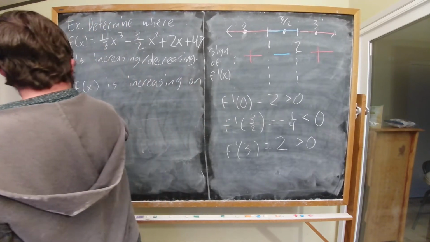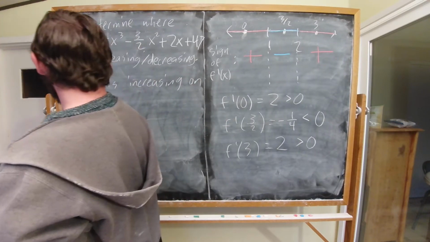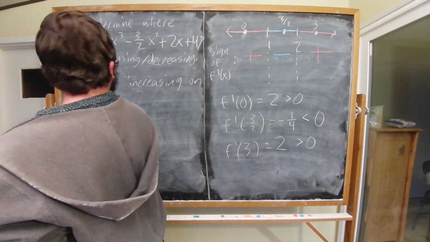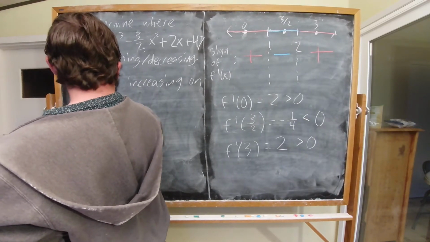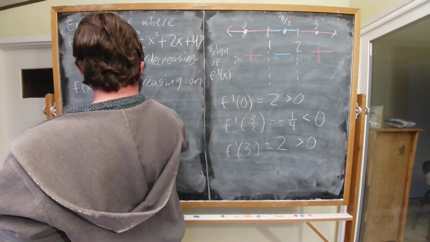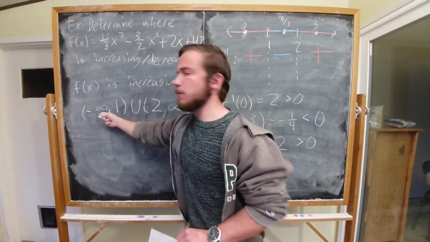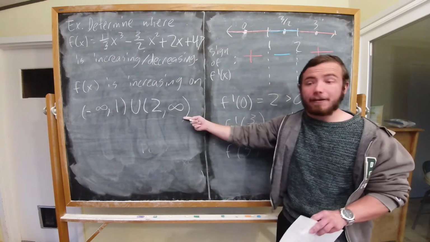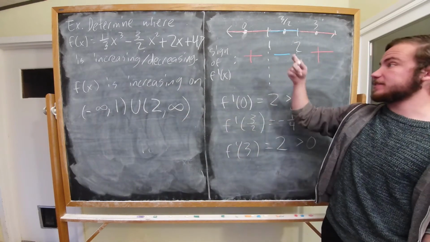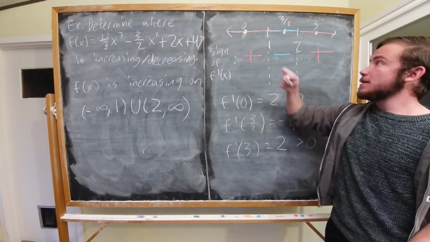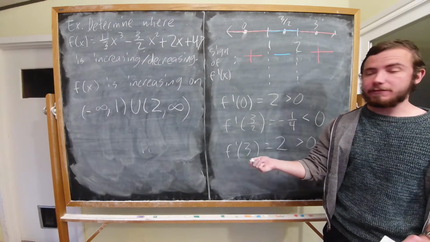on, I'm going to write an interval notation for convenience, negative infinity to 1, union 2 to infinity. So everything before 1 and everything after 2, that's where f(x) is increasing, because that's where f'(x) is positive.